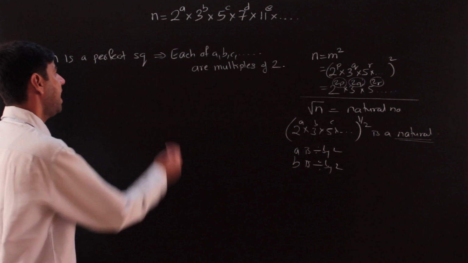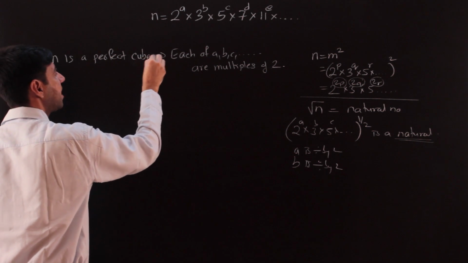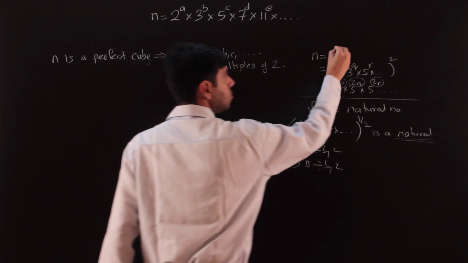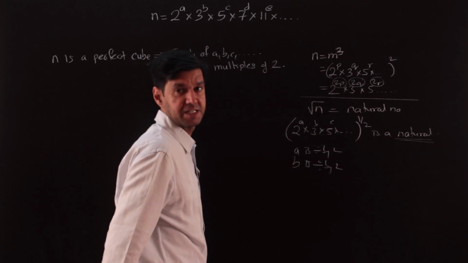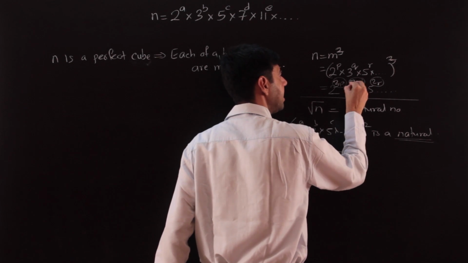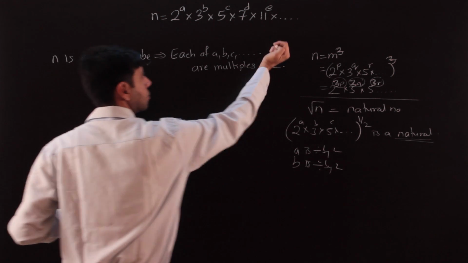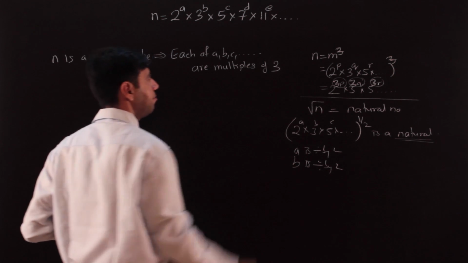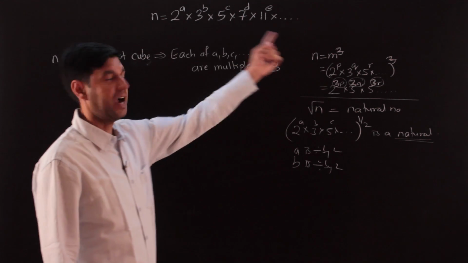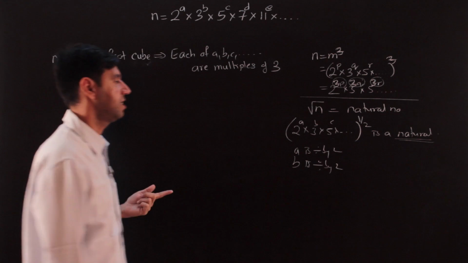And the same logic remains if n is a perfect cube. So now n is a cube of a natural number. If I take a cube, the indices are now going to be multiples of 3. So all that changes is that for the number to be a perfect cube, in its factorized form the indexes of the prime factors have to be multiples of 3.